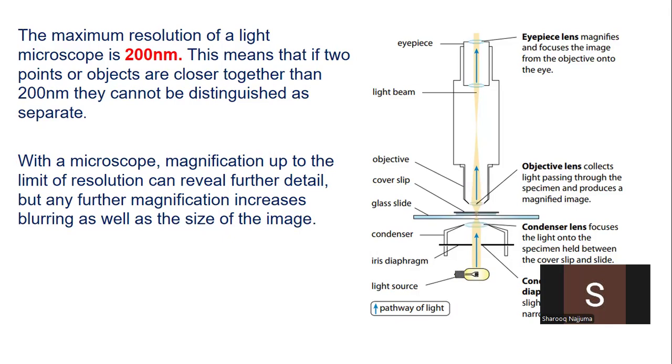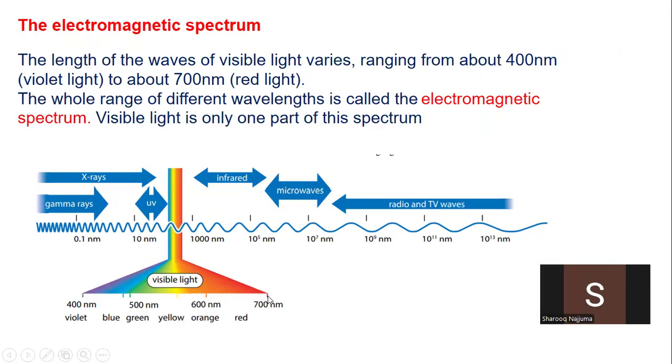They will just become blurry, simply because the microscope has a limit on how much detail it can show you. So the question is, why? Why is it that there is a limit on how much detail a light microscope will show you? Why is its limit 200 nanometers?